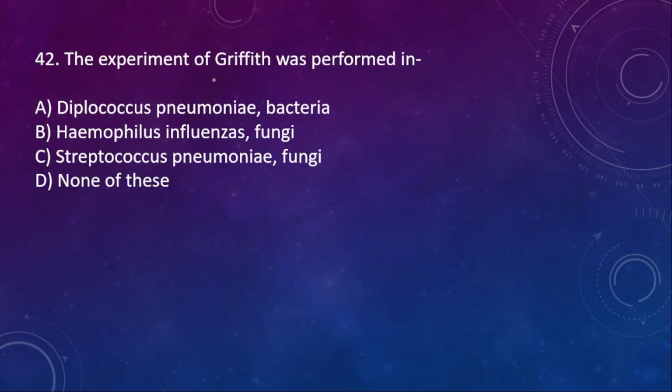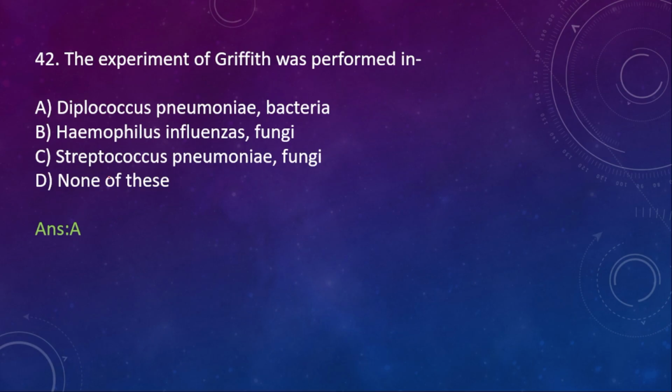42. The experiment of Griffith was performed in A, Diplococcus pneumoniae, that is a bacteria. B, Haemophilus influenzae, that is a fungi. C, Streptococcus pneumoniae, that is a fungi, and D, none of these. Here the right option is option A. You will get confused: ma'am, you just said that Griffith worked on Streptococcus pneumoniae.